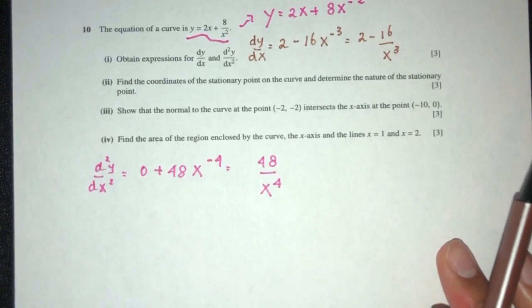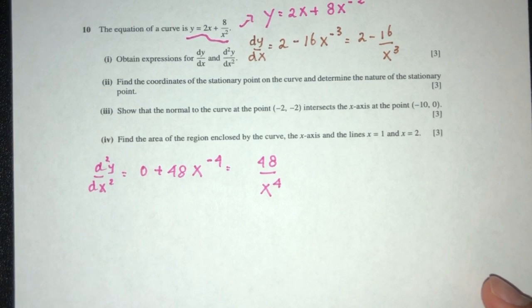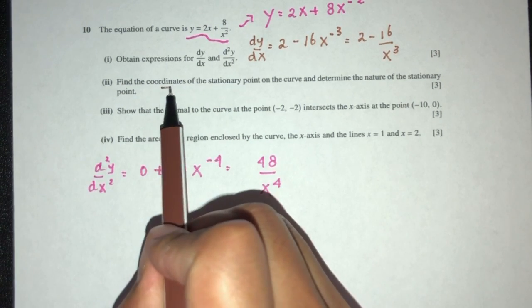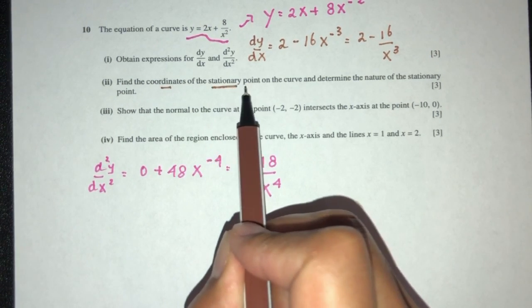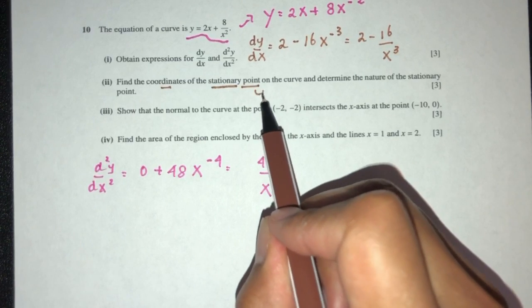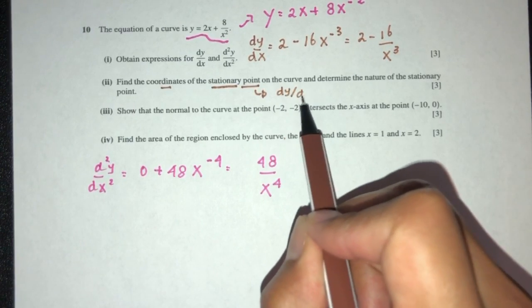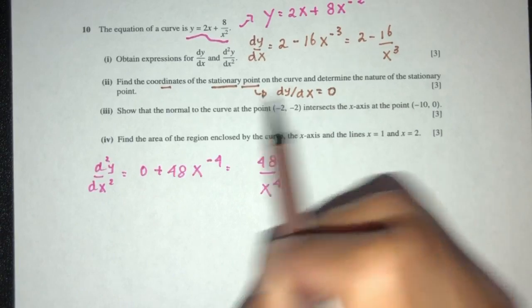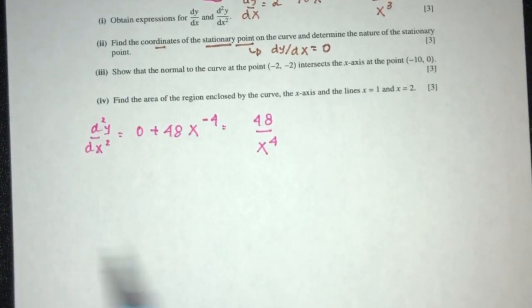Now part 2, we have to find the coordinates of the stationary point on the curve and find its nature. So first thing first, we have to find the stationary point. And we know this happens when dy by dx is equal to 0. Okay? So let me equate that.